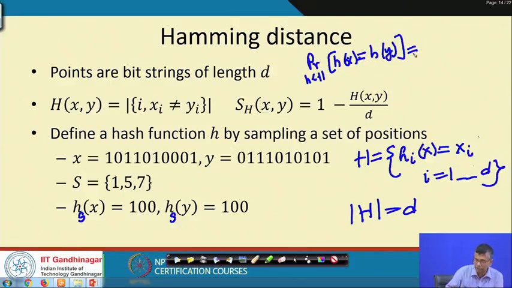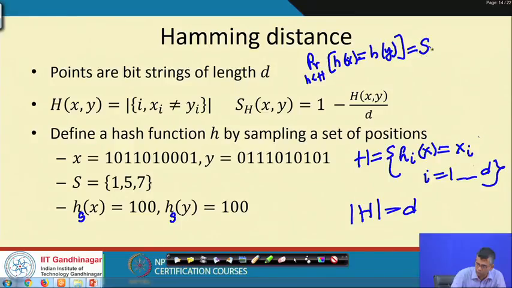It is not very hard to see that picking the hash function is really deciding which coordinate we focus on, and we see whether x and y are the same in this coordinate or not. Therefore, this probability is exactly equal to the Hamming similarity between x and y, because that is exactly the fraction of the coordinates on which they are the same.